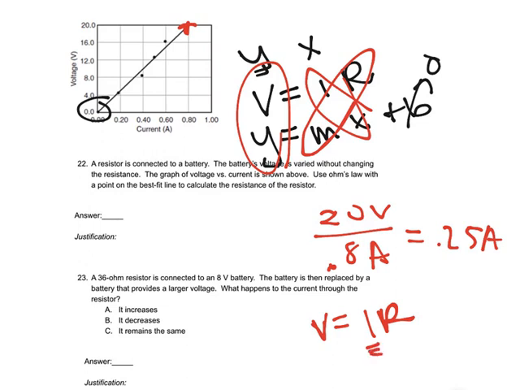The one that will always vary is your current. So if I increase my voltage, I am going to increase my current. You can use a dummy calculation or some sort of V equals IR justification from that. So that's Ohm's law.